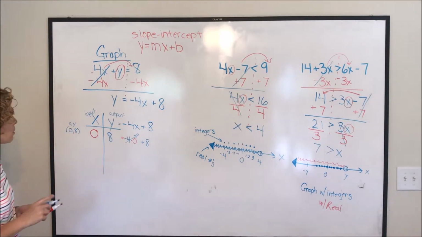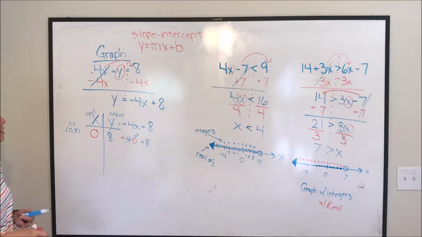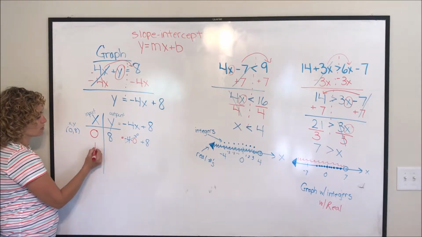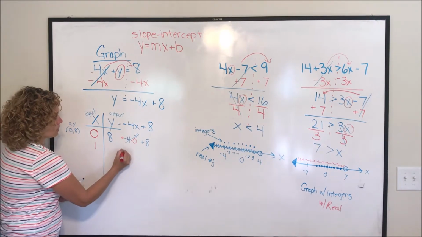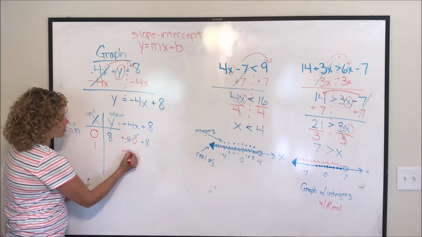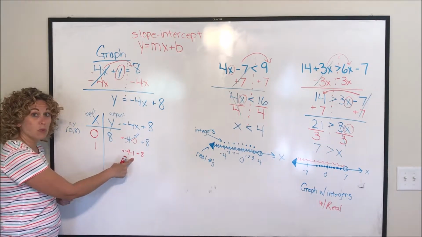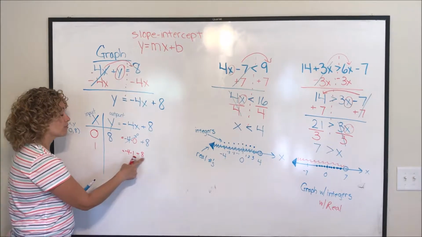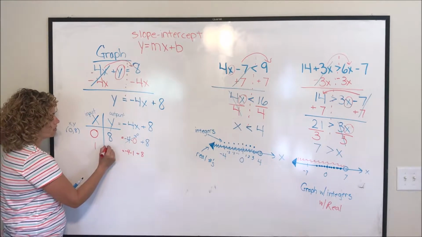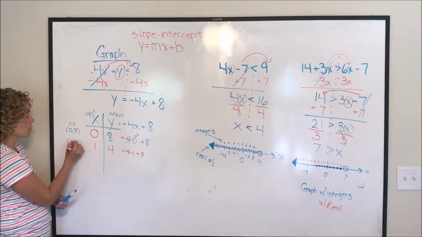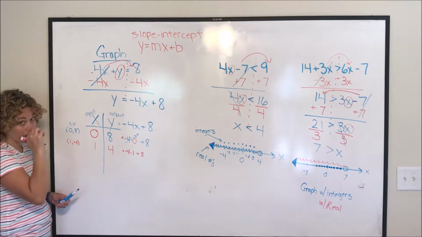All right, the next point I'm going to pick is whatever I want. I'm going to put in a 1 for x, which gives me negative 4 times 1 plus 8. Negative 4 times 1 is negative 4. Negative 4 plus 8 is a positive 4. So my ordered pair is 1, 4. Okay?